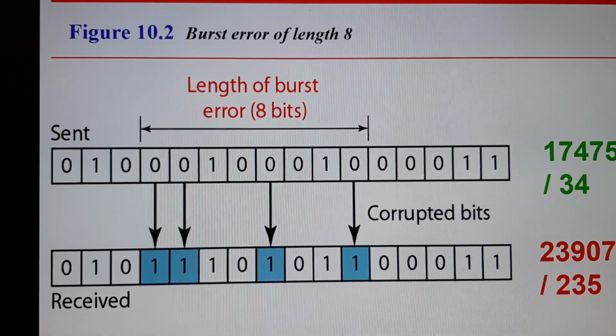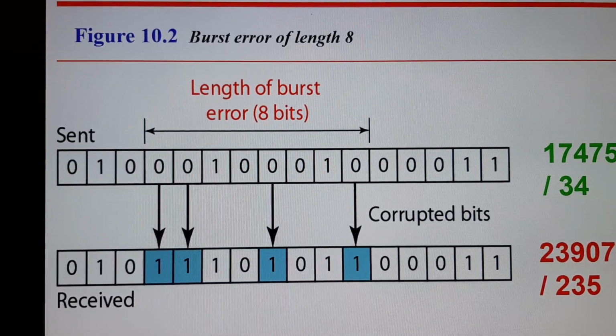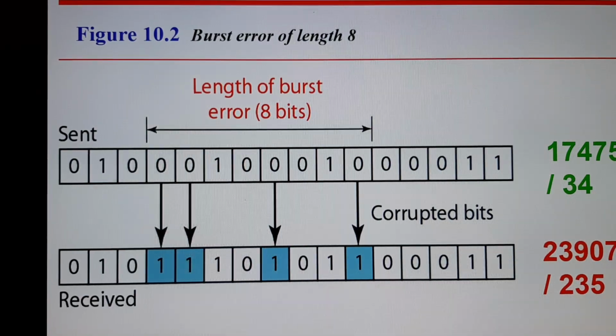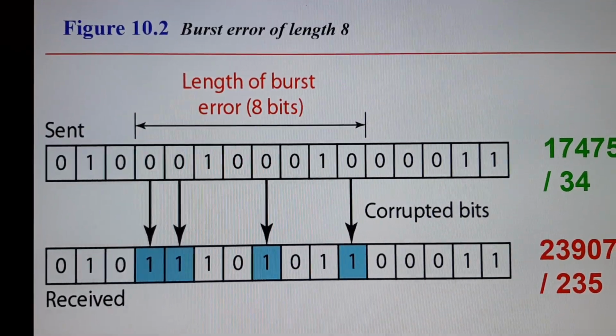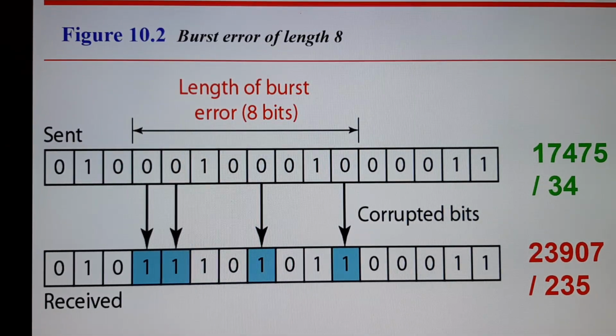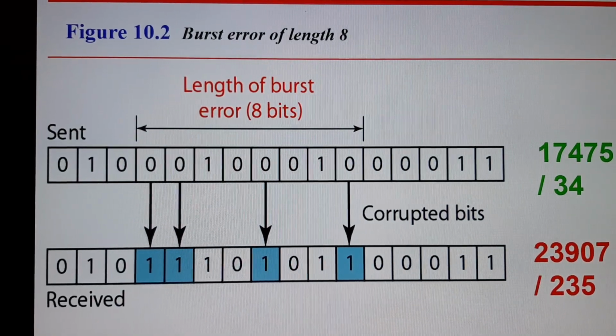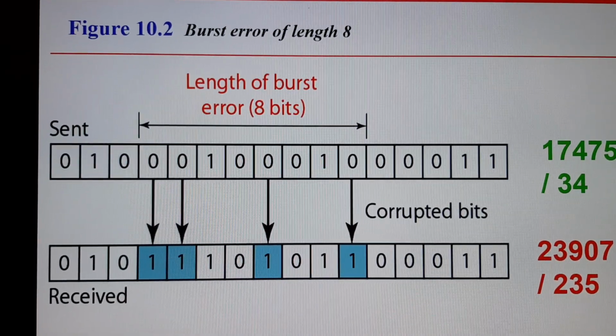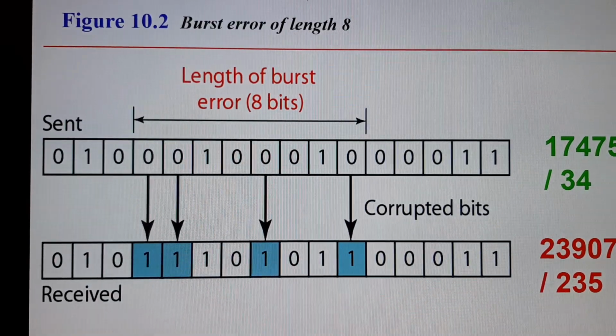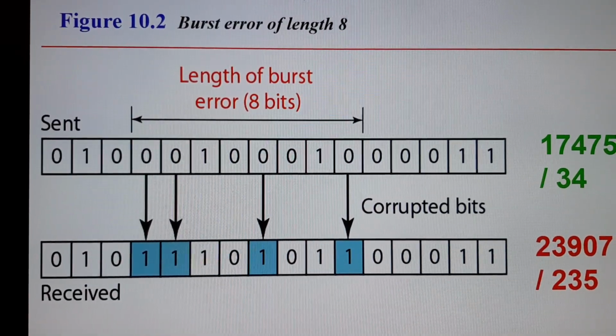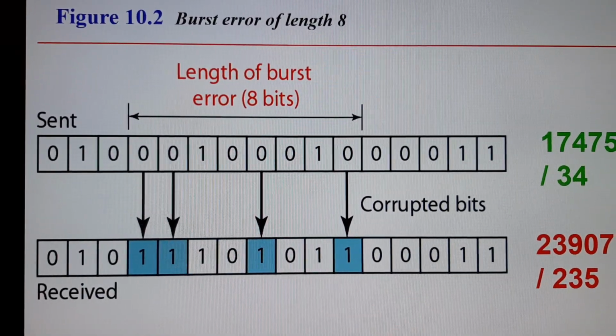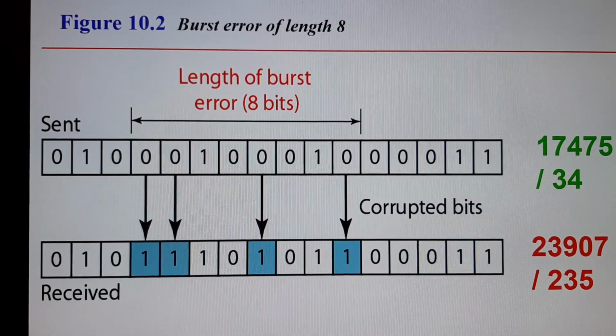Single bit error occurrence is less compared to multi-bit error, because the duration of noise is normally longer than the duration of one bit, which means that when noise affects data, it affects a set of bits. The number of bits affected depends on the data rate and the duration of noise.